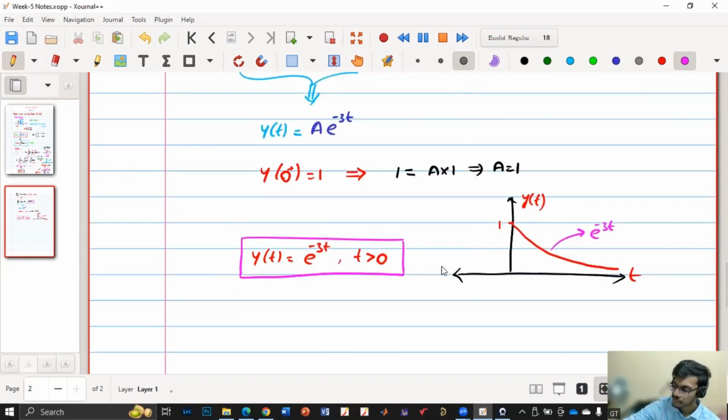Okay. Now the first question is, why this impulse input, and what is the importance of the impulse response?